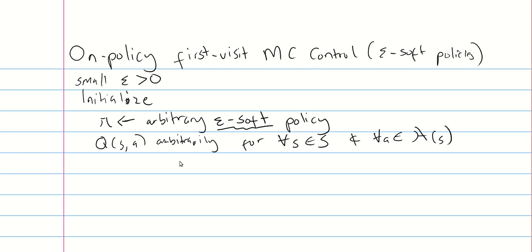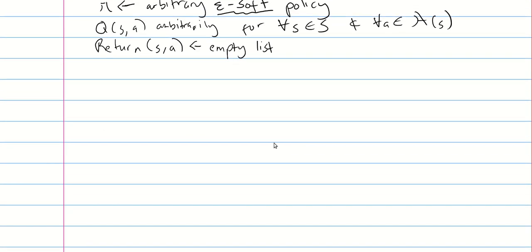So this is how we initialize our Q values, and then our returns. This kind of initialization should be quite familiar, maybe except for the whole epsilon soft policies, if you followed the previous video. So this is just an empty list, right? So that's how we start our initialization.